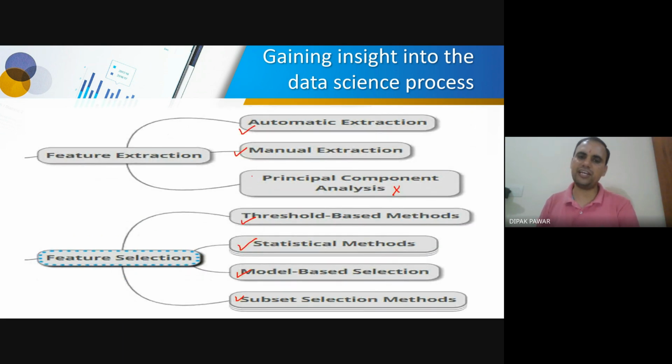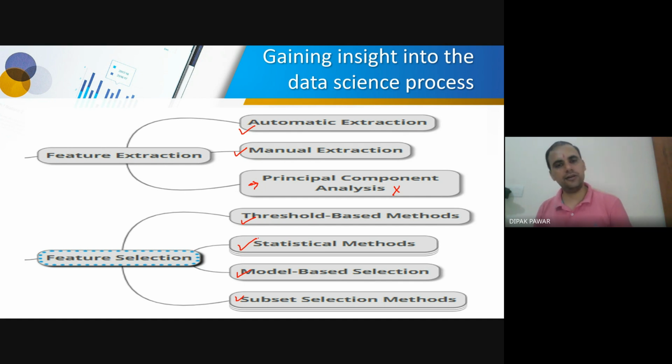And lastly we have feature extraction and feature selection. In most cases for feature extraction, we use PCA, principal component analysis. PCA provides proper extraction of the features, but the explainability is missing. So in your project, if explainability is not required, we can go for PCA.